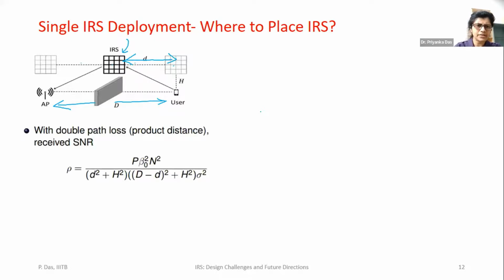So what is your received SNR? We have to understand this equation from the paper that I will show, but I will not show the proof. This is your homework. You have to show that the received SNR formula is indeed this. If you cannot answer this, you are not a good candidate for IRS theoretical research.